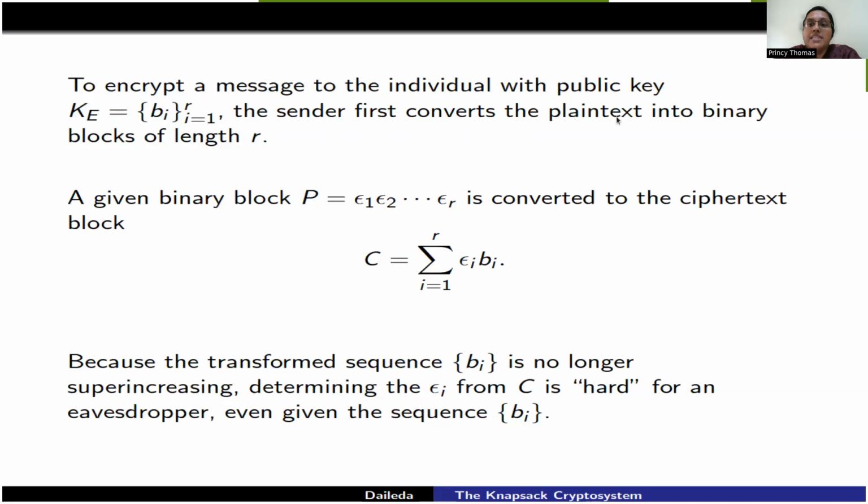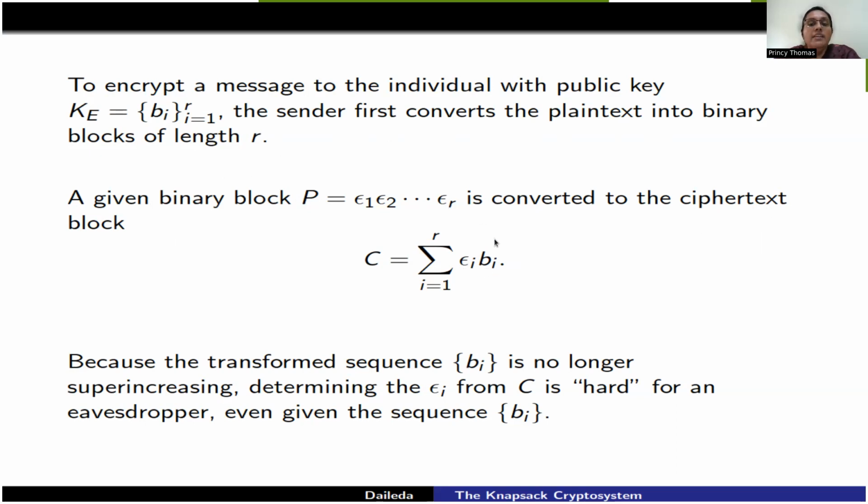So if the plain text is a large number of binary digits, the block is divided into R bits. Okay, a given binary block P, there are R bits, epsilon 1, epsilon 2, etc., epsilon R, is converted to the ciphertext by simply calculating the sum of epsilon I BI.